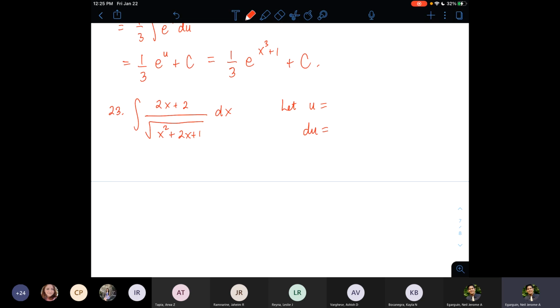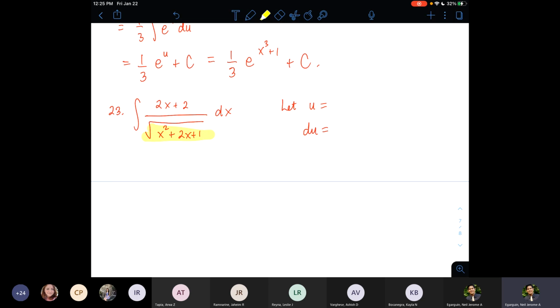And I'm hoping that the requirement for the du will be coming from the numerator. That works most of the time, but not all of the time. So we'll see some examples wherein the choice for u doesn't come from the denominator. But I suggest you try looking at the denominator first, and probably that would be sufficient.